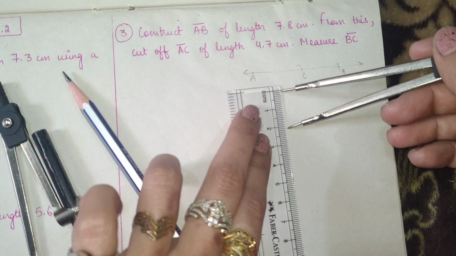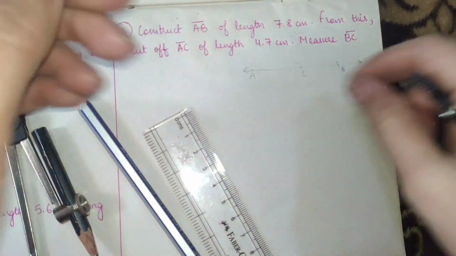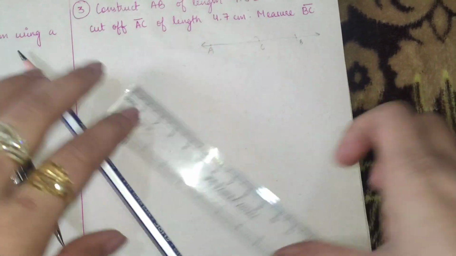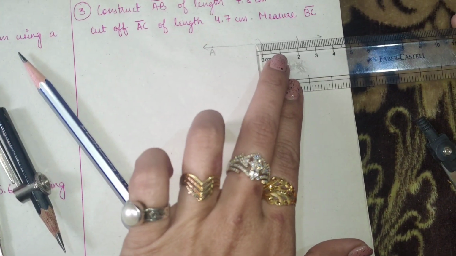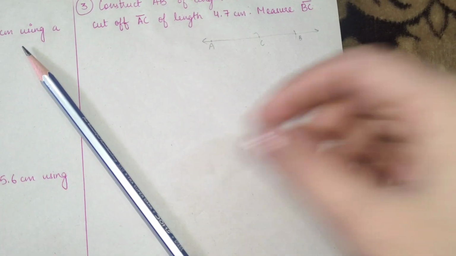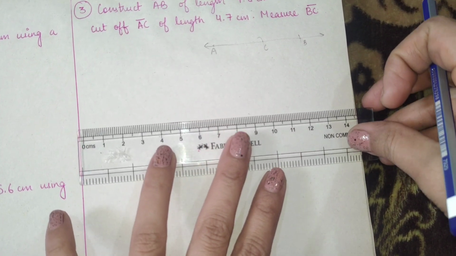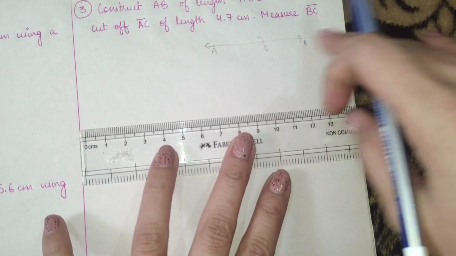So it's here 2.1, so this will be 2.1. This is just an example. Now we'll do the fair work. Okay, or you can just simply use a scale to measure it. Anything you can do. So let's start constructing AB, line segment AB. So for that you can just ignore this.